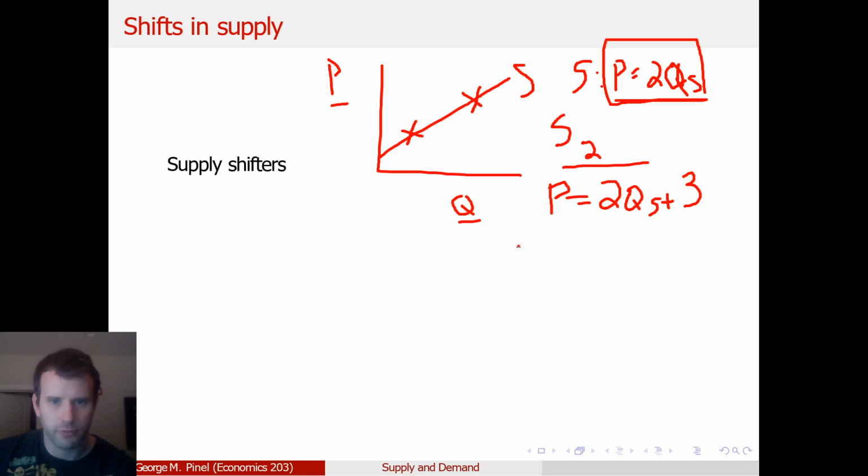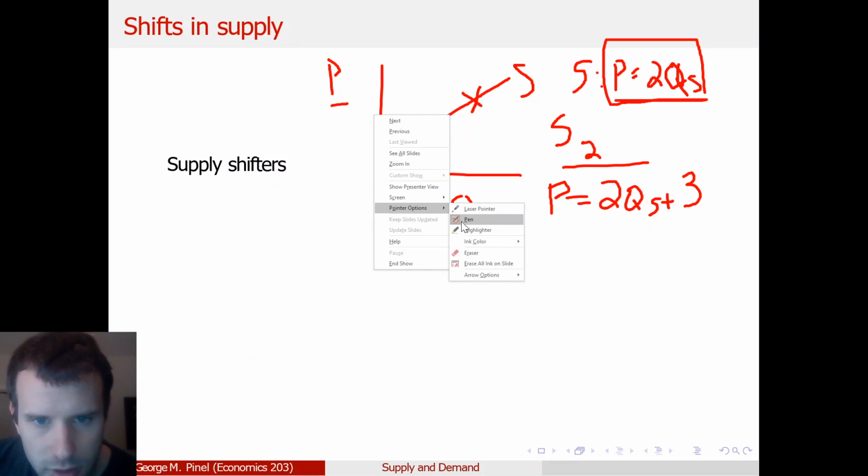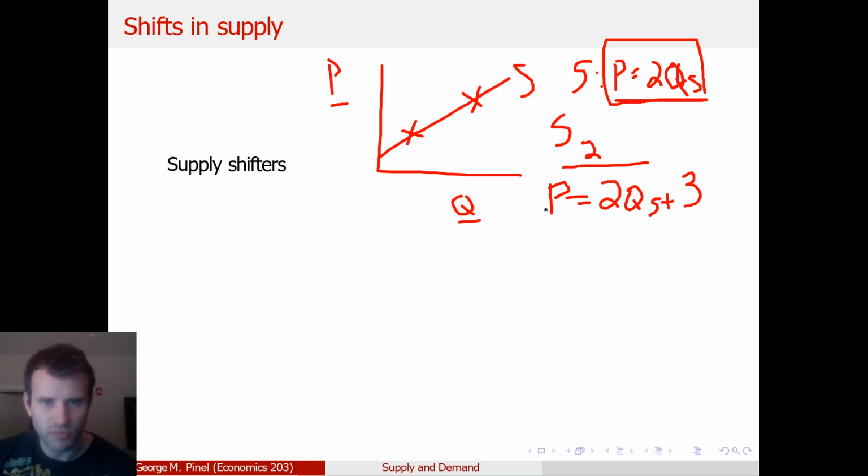If we're looking at this graph, I'm going to draw this one in blue so it's a little bit clearer. Basically your intercept is now increased. The intercept is the point on the y-axis where it crosses 0. So I'm going to draw a new intercept, and this will be my S2.